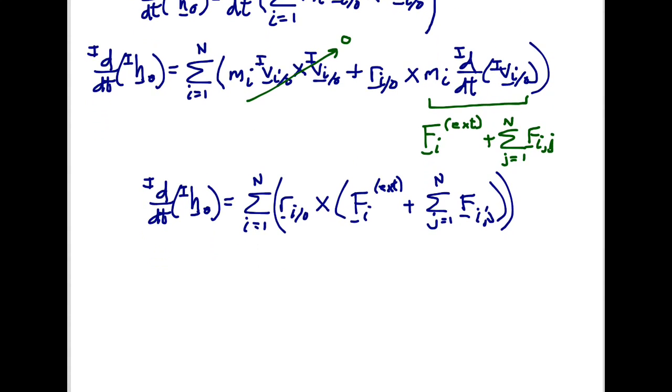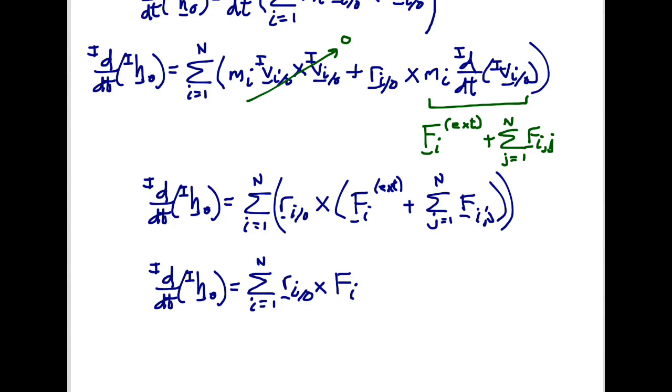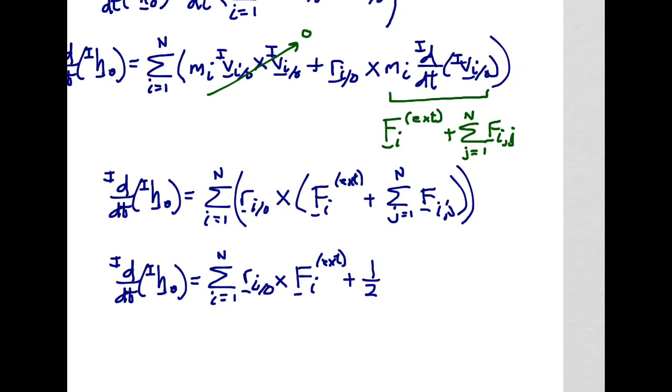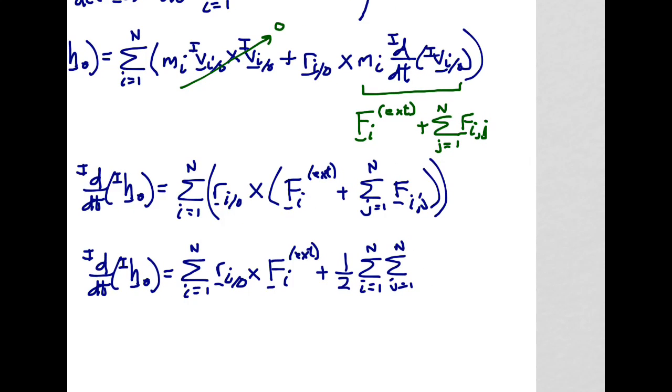Now, in the book, they rewrite this as the summation of two different terms, the first term being r_i with respect to O cross with the external forces, and then separate out the internal forces in this manner. So you get a 1/2, and then both summations, so it's i from 1 to n and j from 1 to n, and this is r_i with respect to j.